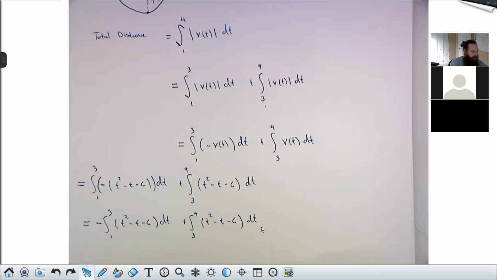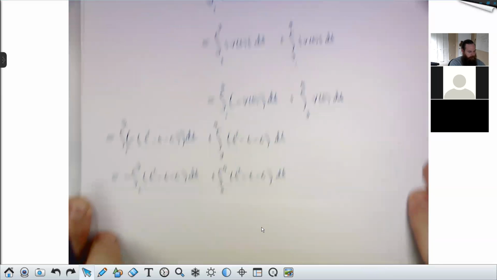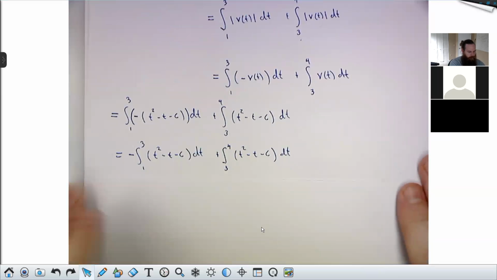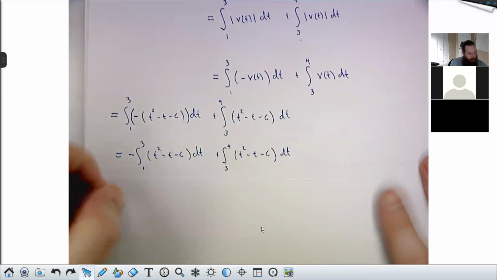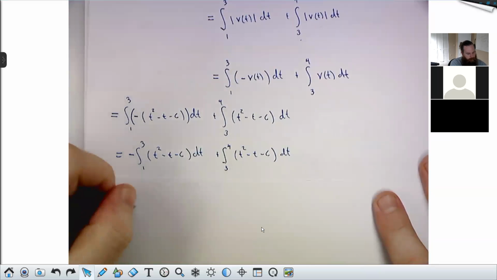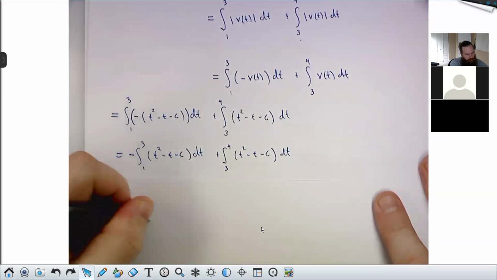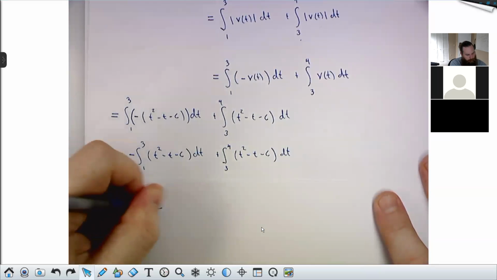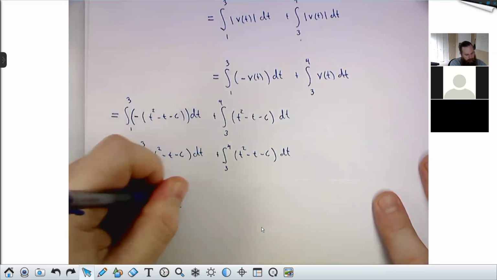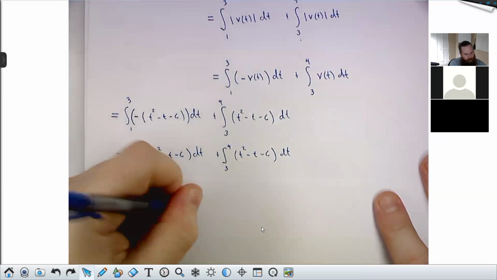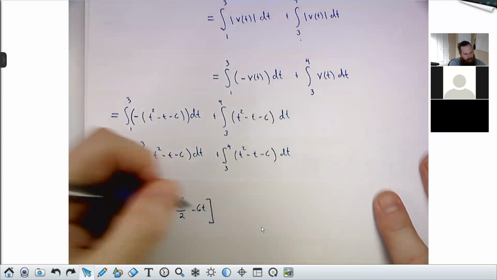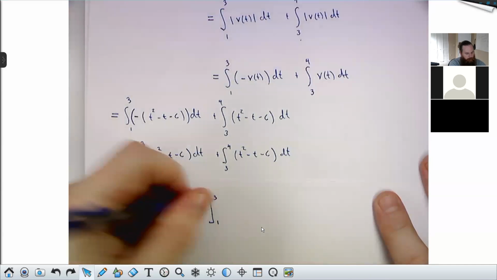My next step is to find an antiderivative, and the antiderivative for each of these pieces looks very, very similar because, of course, the thing inside here is the same. So this first guy is going to be negative t cubed over 3 minus t squared over 2 minus 6t. Same antiderivative we found before.